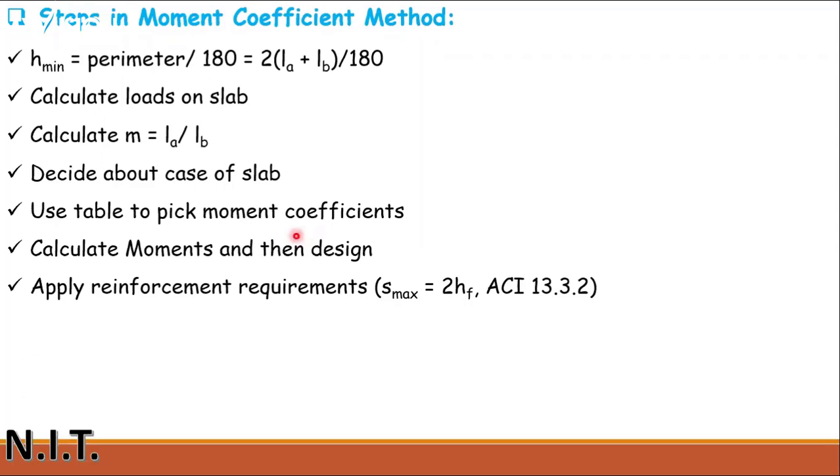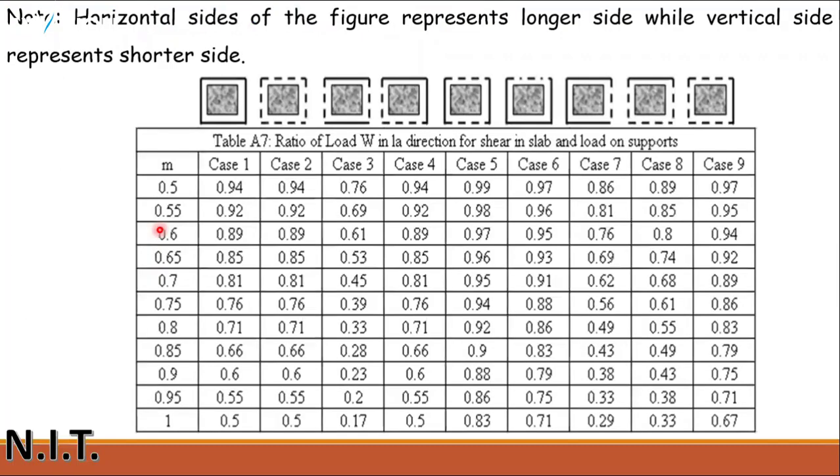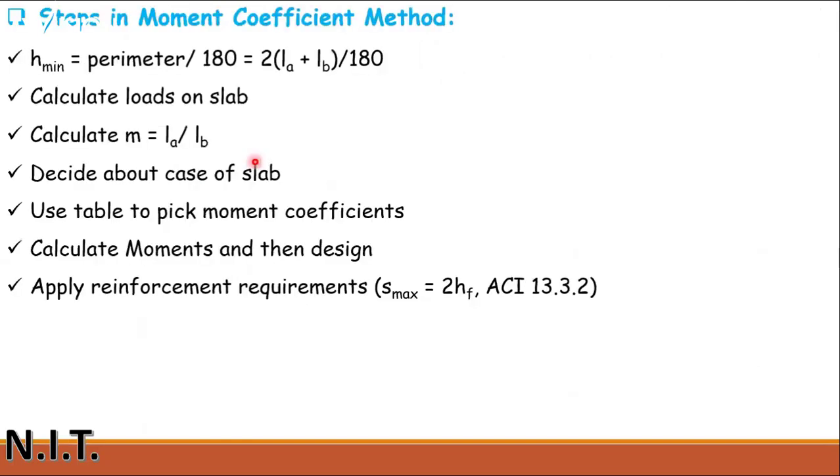All these coefficients should be taken from the 6 tables which I have shared with you. The 7th table I will explain later, because I will use it in example number 2, the second example of two-way slab.